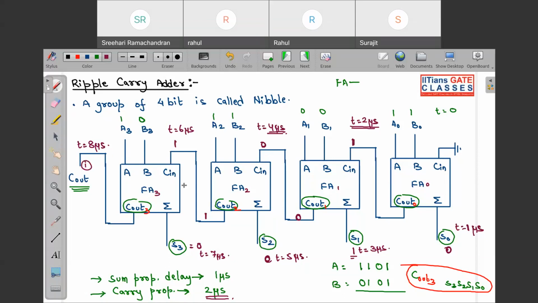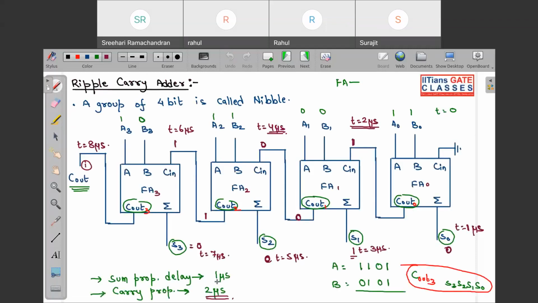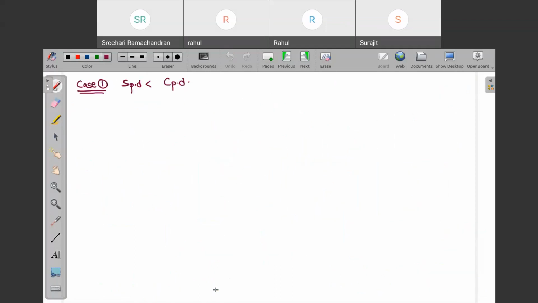So whenever, remember, case 1, when sum propagation delay is less than carry propagation delay, like in this case, the total delay in output is equal to n into carry propagation delay.